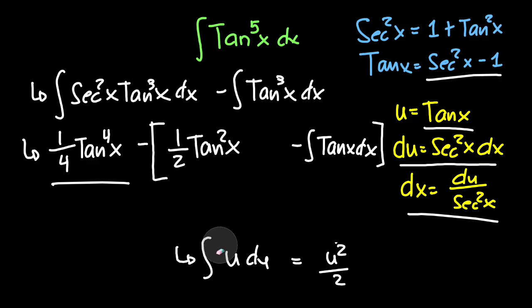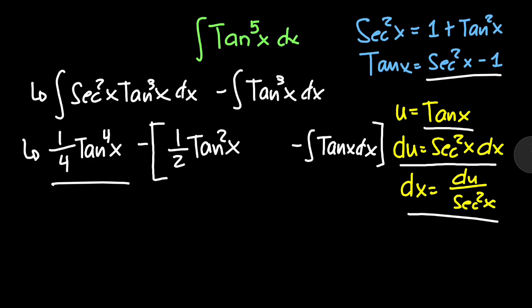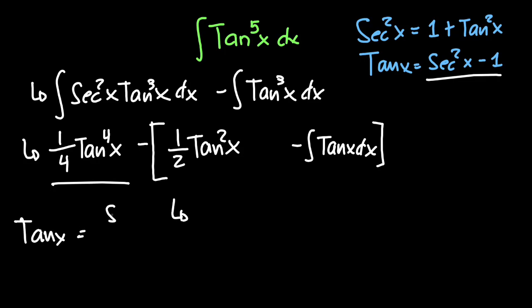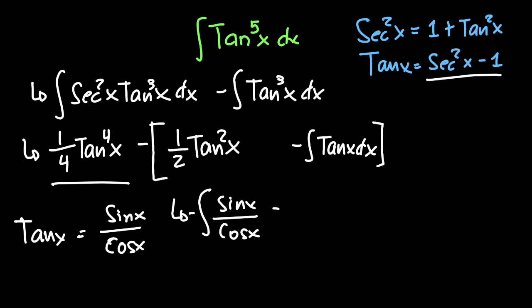And now, focus on this last part, the integral of tangent of x dx. How to get its integral? Since we cannot factor out tangent squared x here, let's use its identity. Know that tangent of x is equal to sine of x over cosine of x. So this would be the integral of sine of x over cosine of x dx.